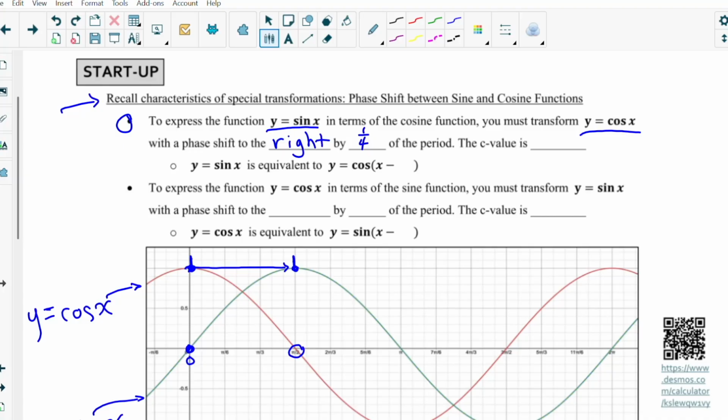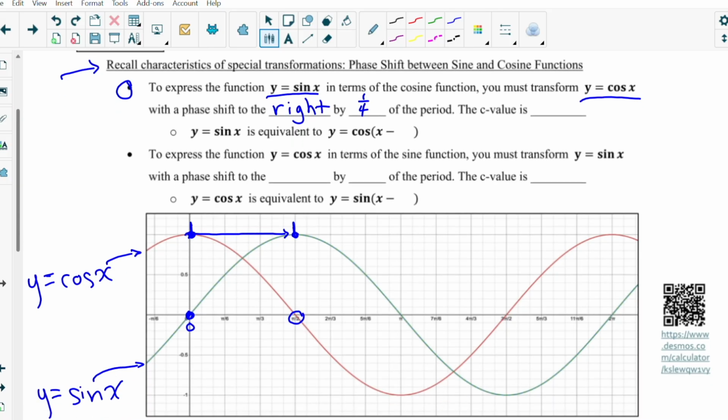The c value, well, when we look at this, the period of our cosine function, that's 2 pi, folks. The period of our sine function is 2 pi.